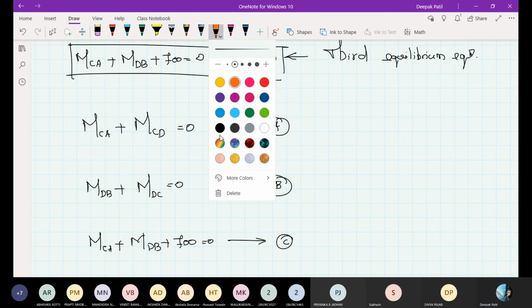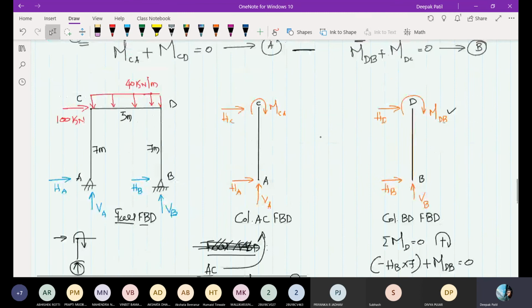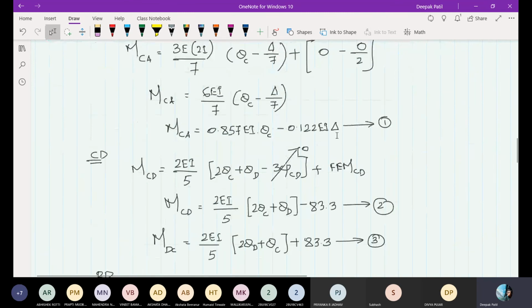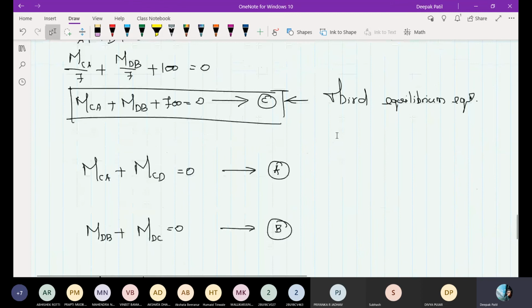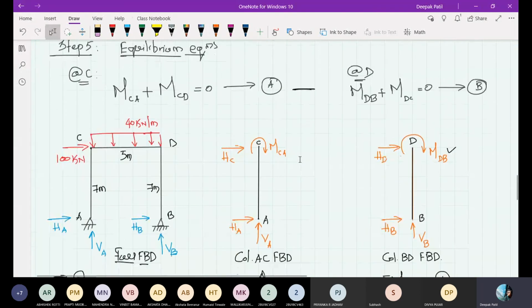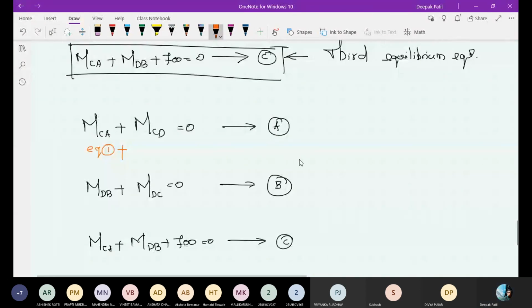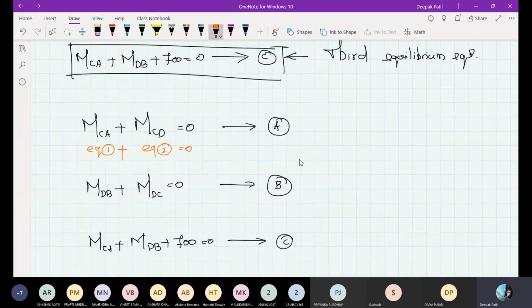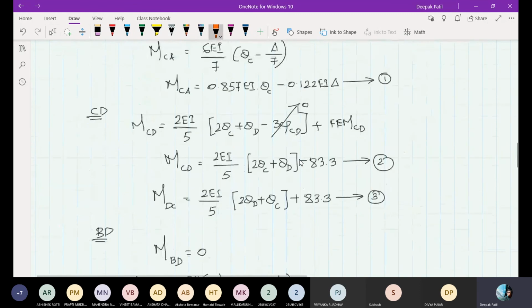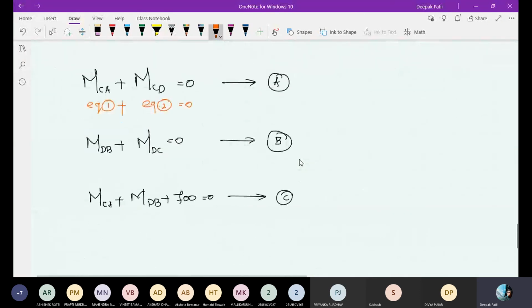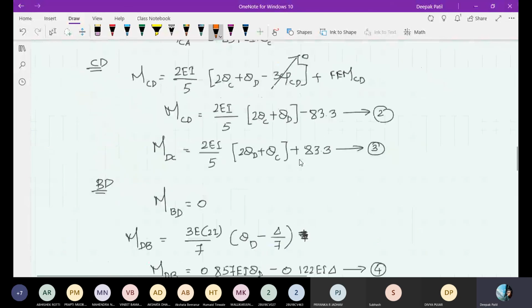Now, what is MCA? You already found it in equation 1. So you substitute equation 1 here, plus MCD, which is your equation 2, equal to 0. And MDB is your equation number 4, plus MDC, which is equation number 3.